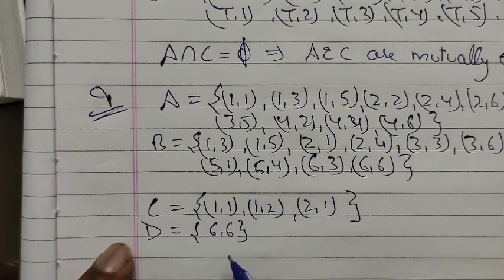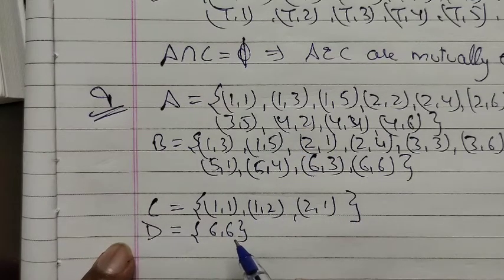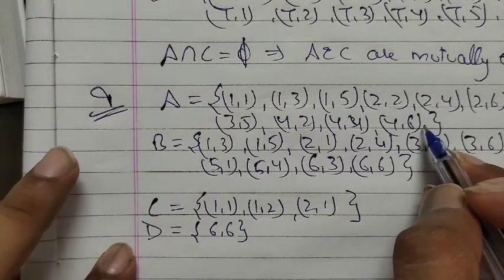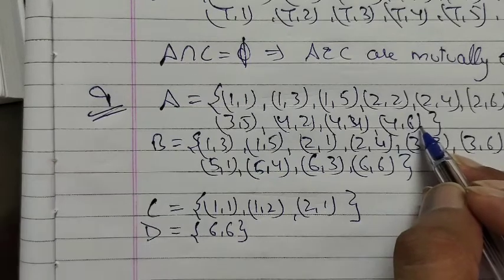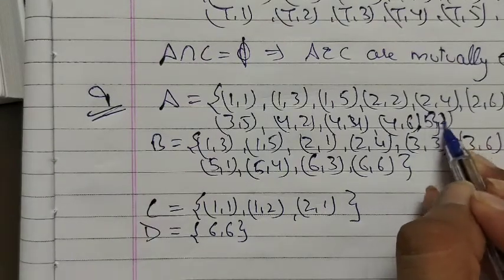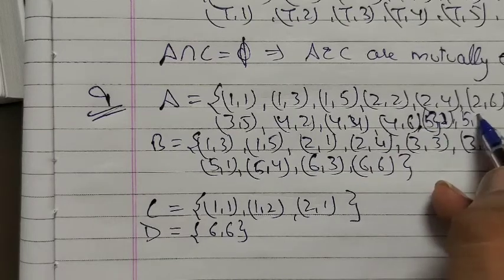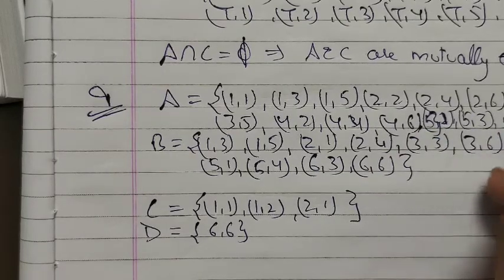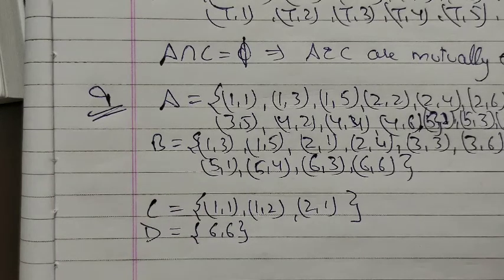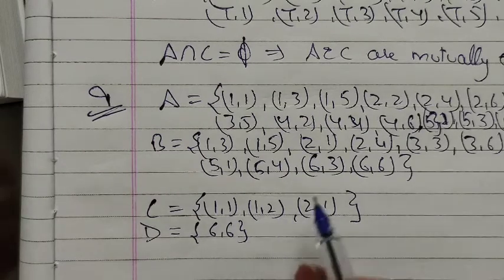A with D, the sum as an even number, we can have more also, yes, even numbers like 6 comma 6. So that's not possible with A.